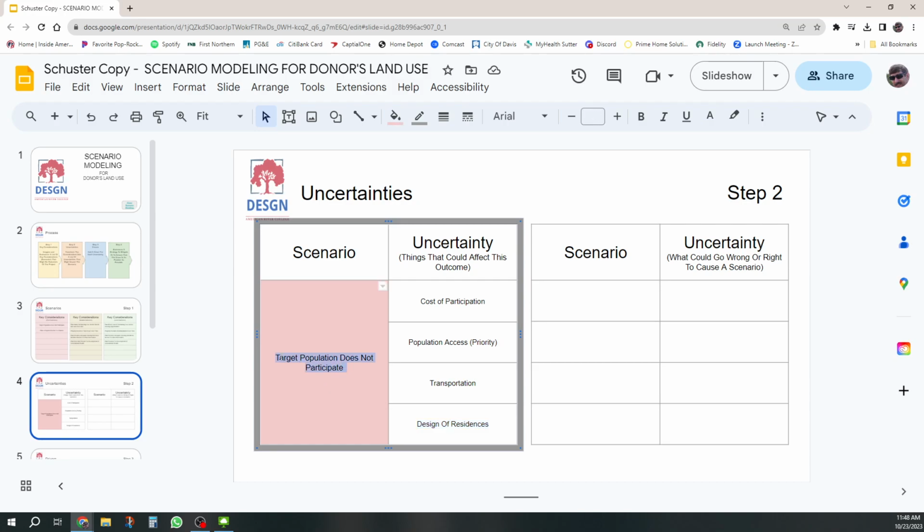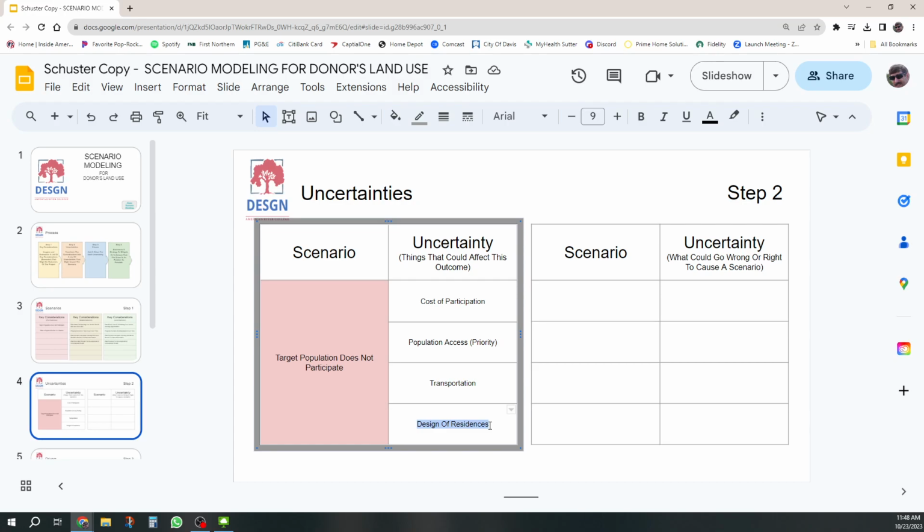Now, could be that is the target population that you did, but the design of the residences can create issues like that. So just in the basic design, okay?